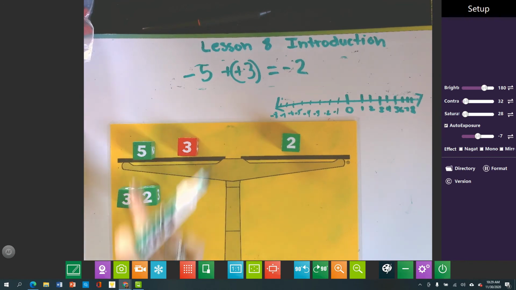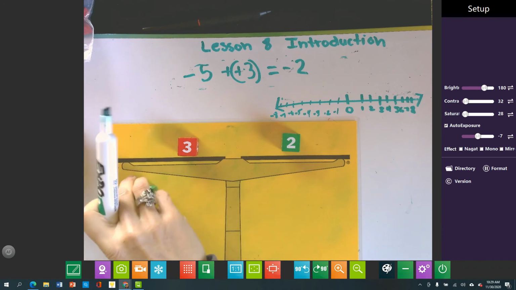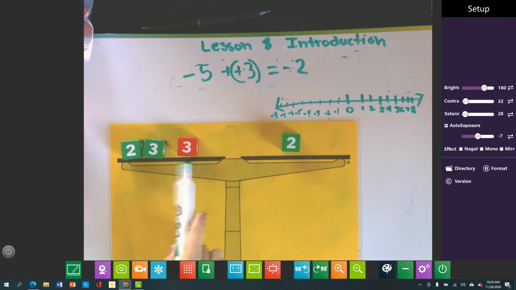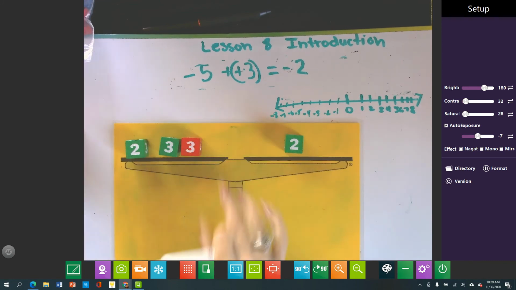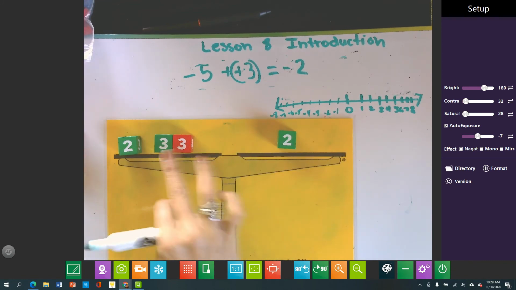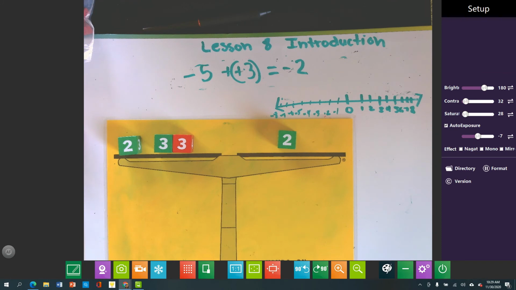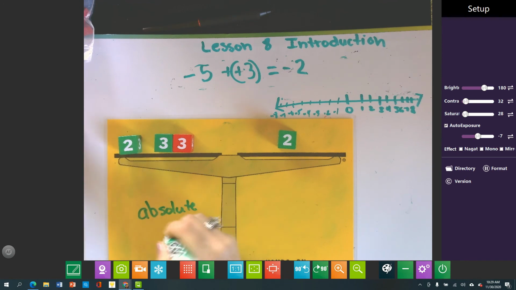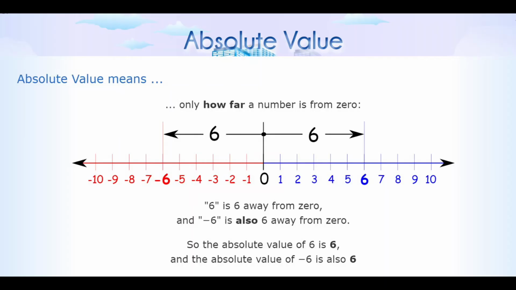You can see that still equals 5. We are just replacing it. And then we can see here that I have a 0 pair, a 3 and the opposite of 3. Our convenient zeros bring the number back to 0.